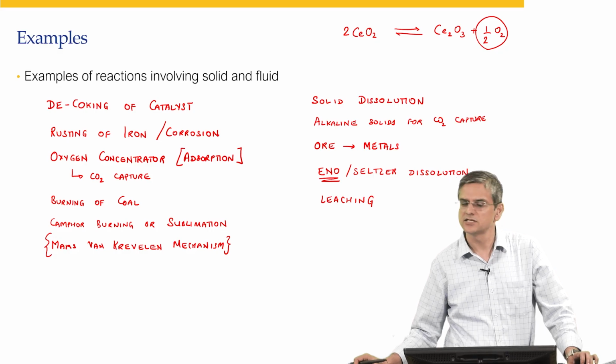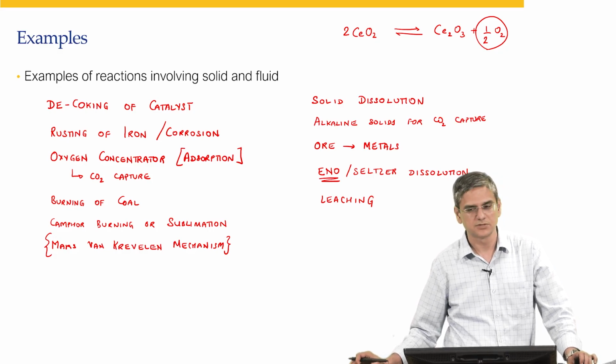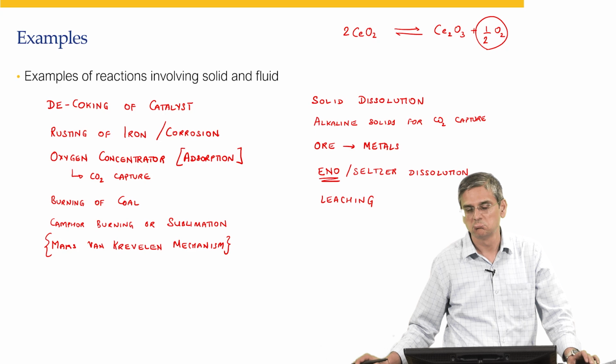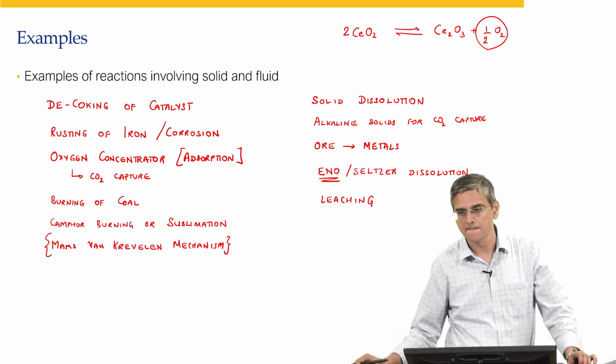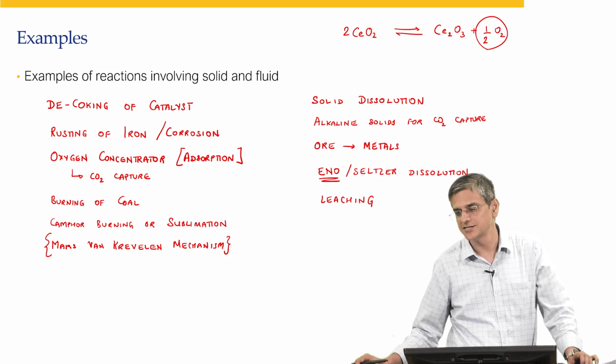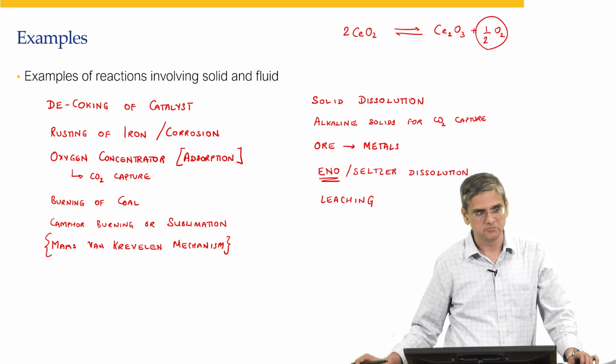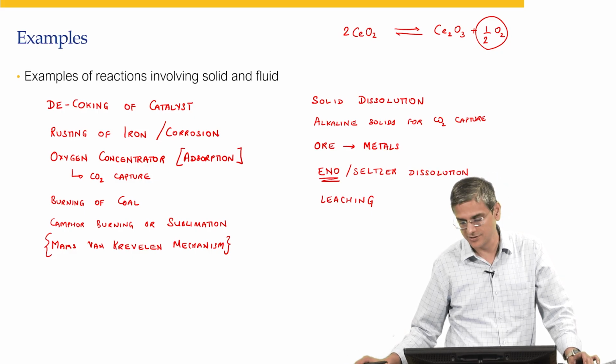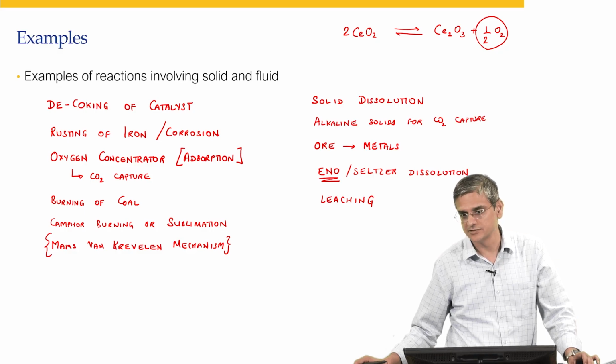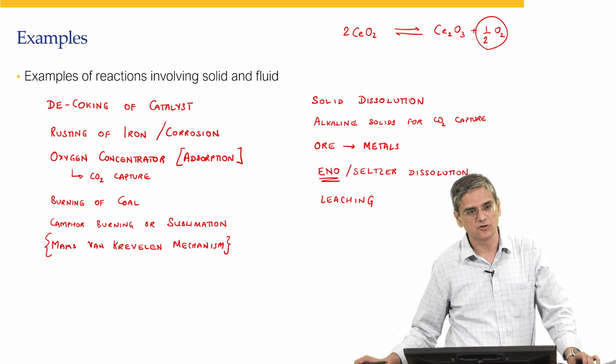Why does iron get rusted but let's say aluminum does not, or silver does not? Yes, an oxide layer is formed. So what? In iron rusting also an oxide layer is formed. Silver corrosion also, an oxide layer is formed.